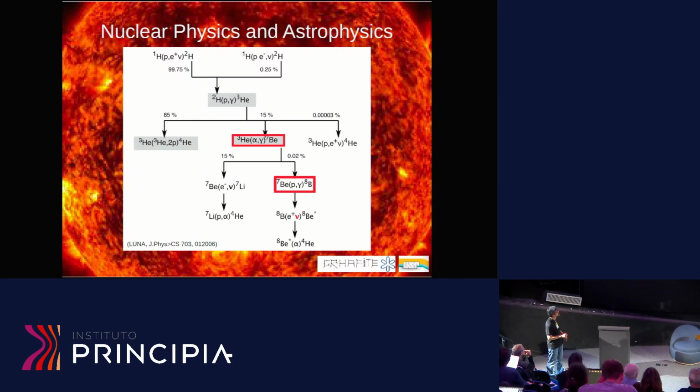And this one, which is helium alpha, also drives the energy for these ones, and the neutrinos from this reaction are the ones that were measured by Super-Kamiokande to confirm the neutrino oscillations. So I'm going to just briefly mention our studies on these two reactions, all right?